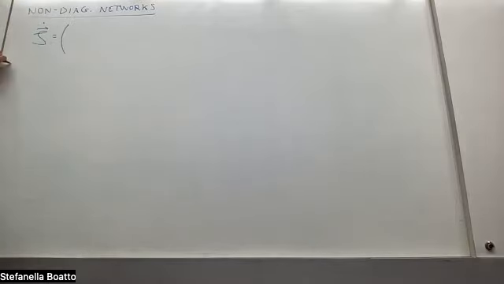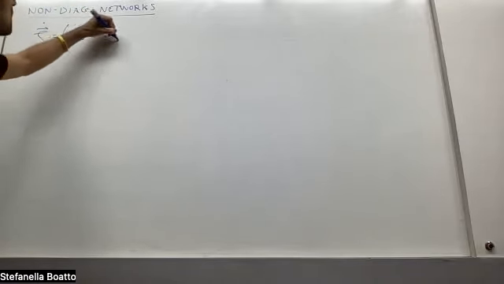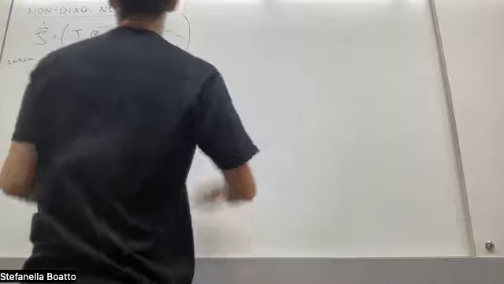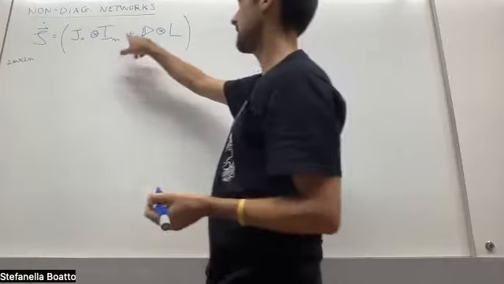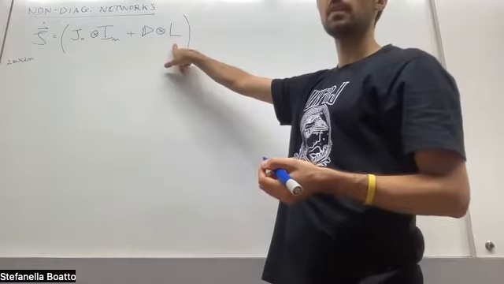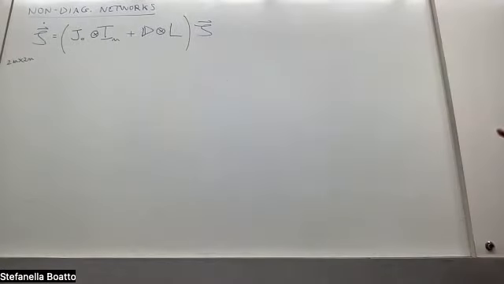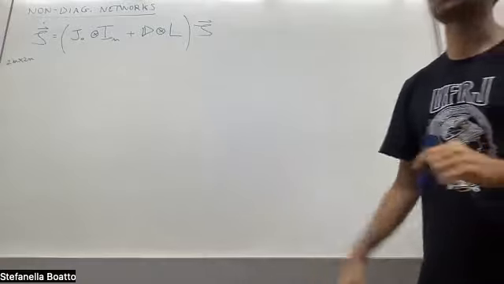And we had a 2n times 2n system: the Jacobian, the 2 times 2 Jacobian, with the identity n times n, plus D, the diagonal matrix of the diffusion coefficients, and the Laplacian. This encodes all the perturbation of every node for every species.